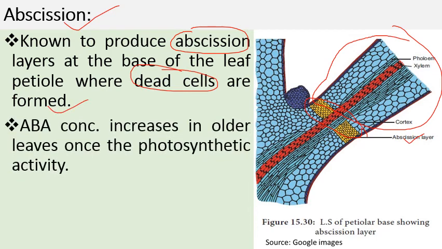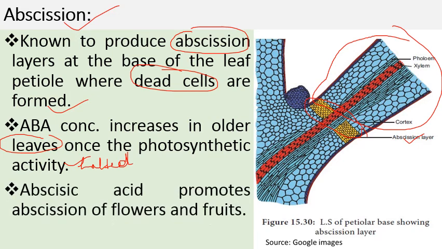So ABA concentration increases in the older leaves once the photosynthetic activity is halted or stopped. Its concentration is higher in the older leaves, and abscisic acid promotes the abscission of flowers as well as fruits from the parent plants.